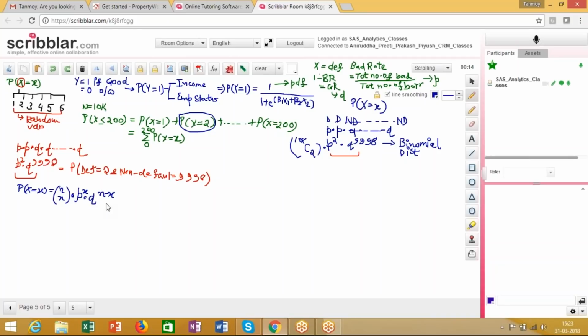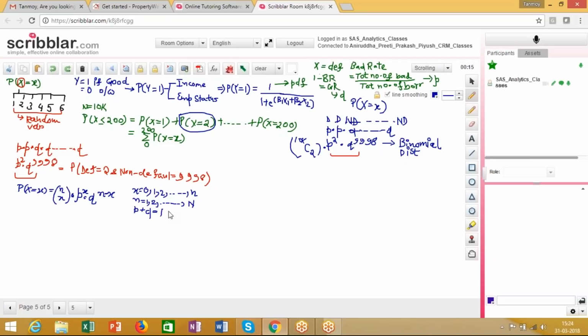So I can only write this if the following conditions are satisfied: x starts from 0, and p plus q is equal to 1. Now these two are really very important.